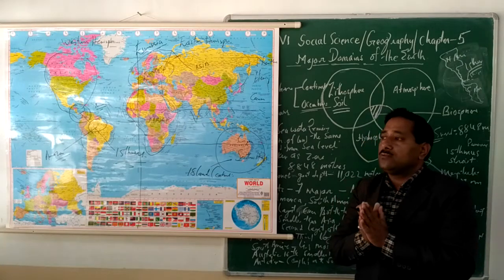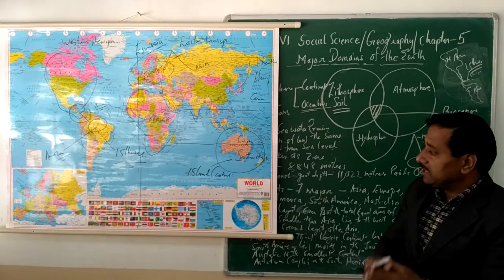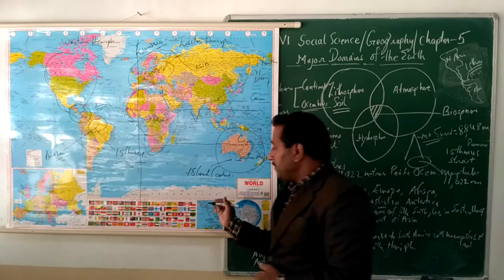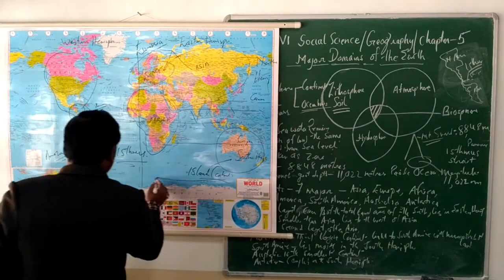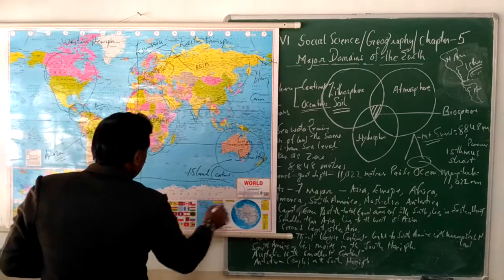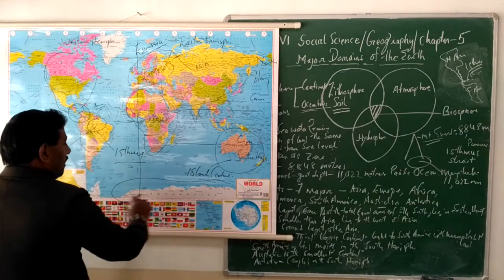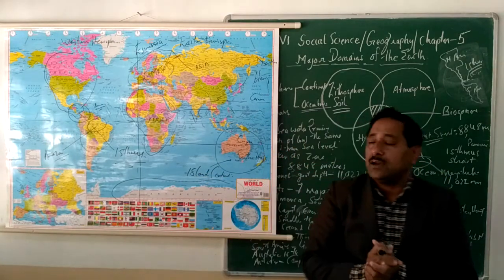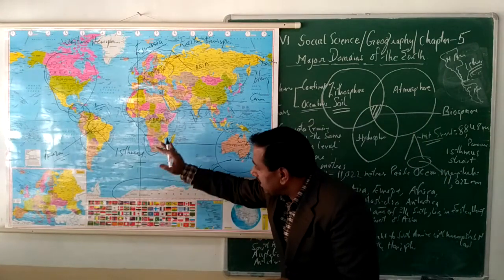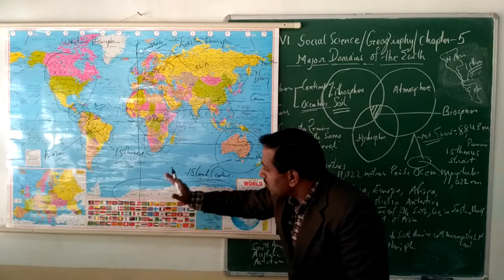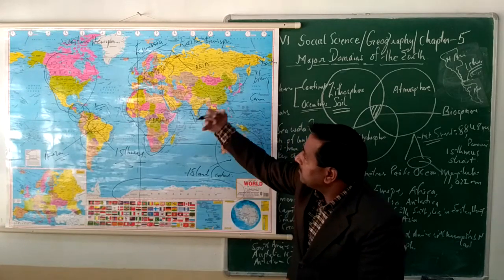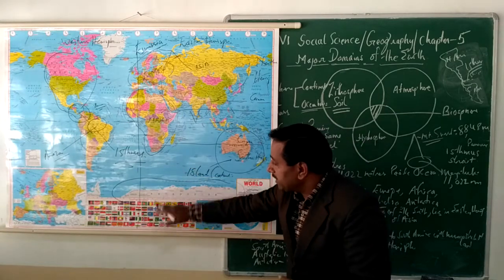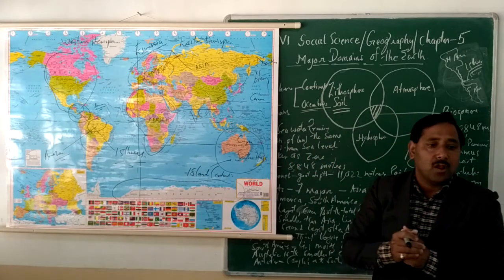Now we will discuss Antarctica. Try to look at the map. This is your Antarctica. Antarctica is completely in the southern hemisphere. No part lies in the northern hemisphere.